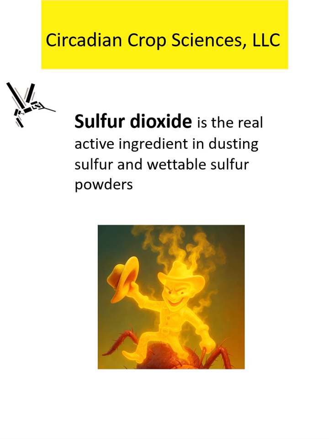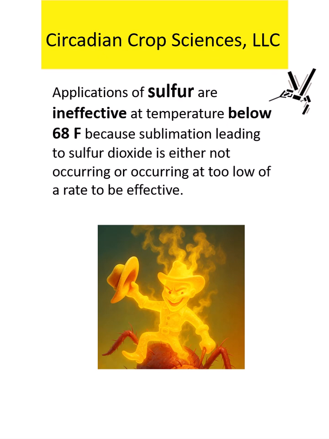Sulfur dioxide is the real active ingredient in dusting sulfur and wettable sulfur powders. Applications of sulfur are ineffective at temperatures below 68 degrees Fahrenheit because sublimation leading to sulfur dioxide is either not occurring or occurring at too low of a rate to be effective.